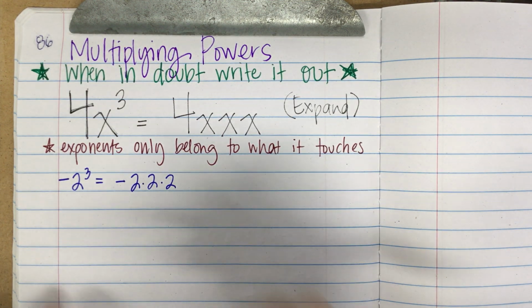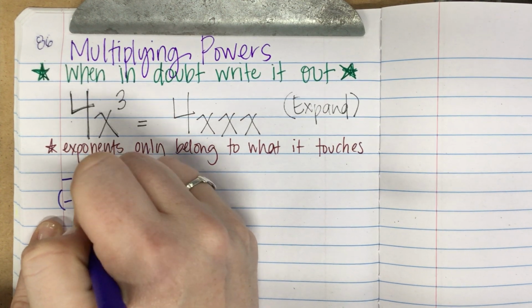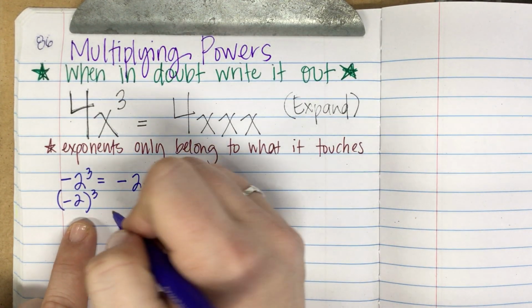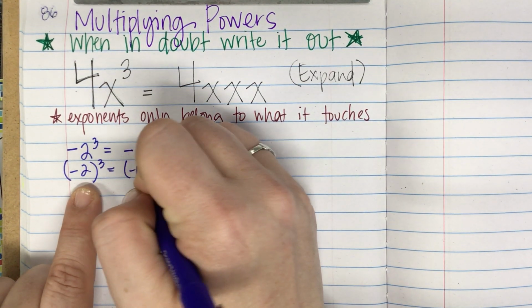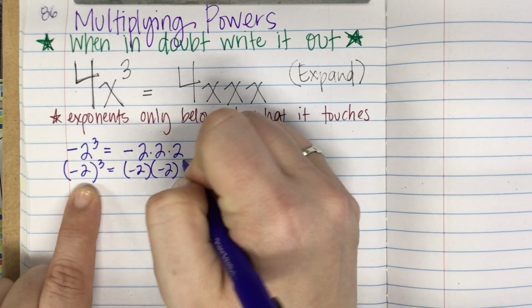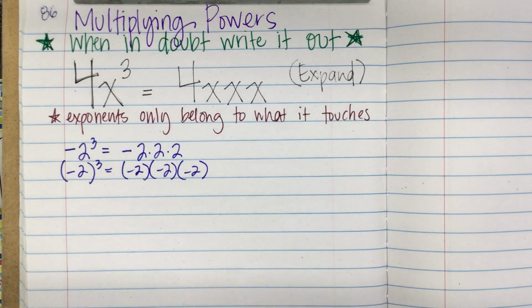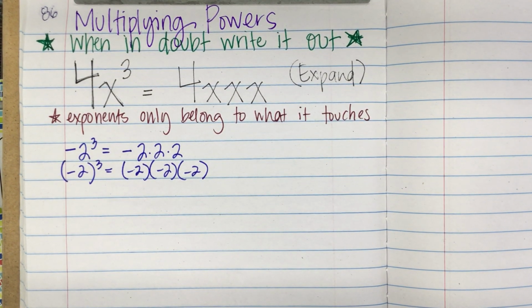The difference would be if it was in parentheses. Because the exponent of 3 touches the parentheses, meaning that the negative is inside the parentheses, so it is carried on. The exponent only belongs to what it touches.